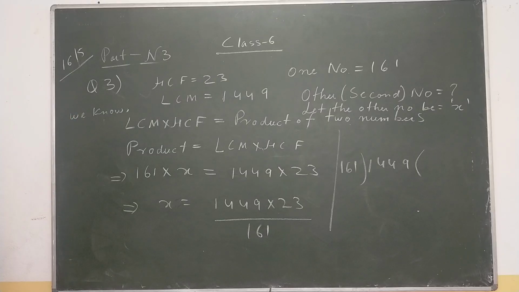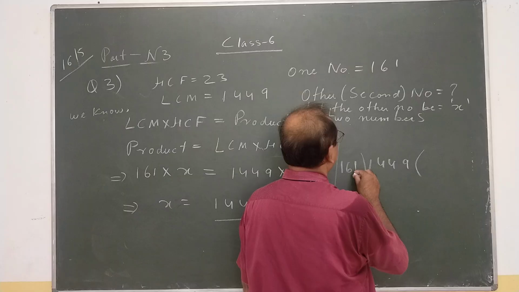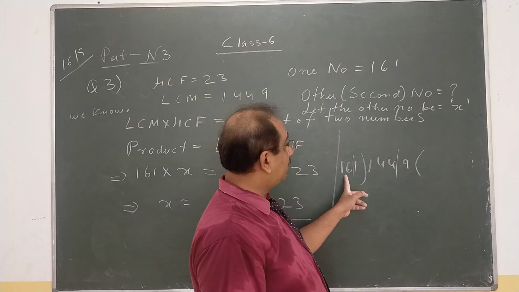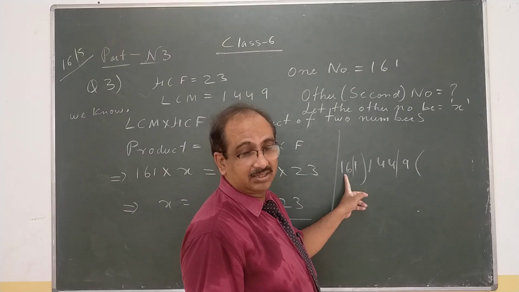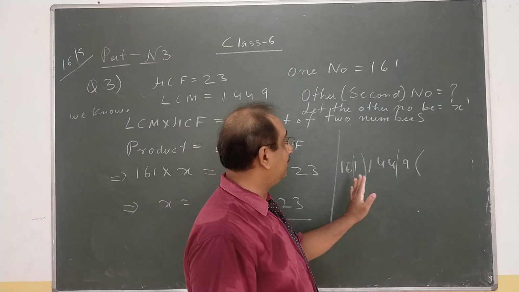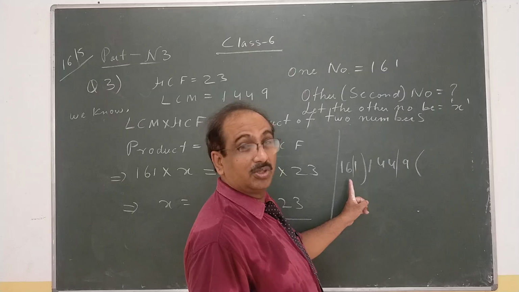Okay, so when you do the division, take 2 digits here. See, division is one of the hardest things, children. Among addition, subtraction, multiplication, division is the hardest. Yesterday I had shown you one division where 0 is very important.